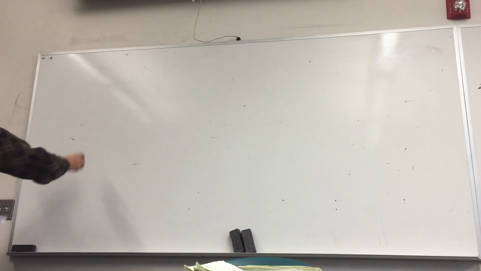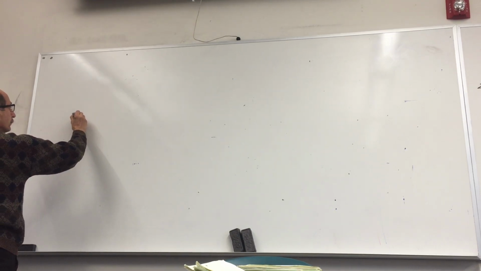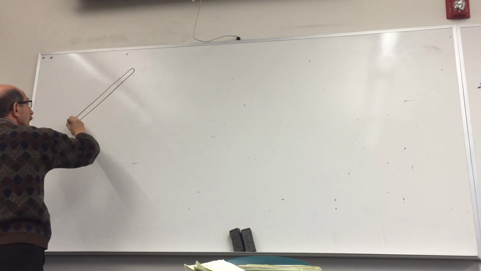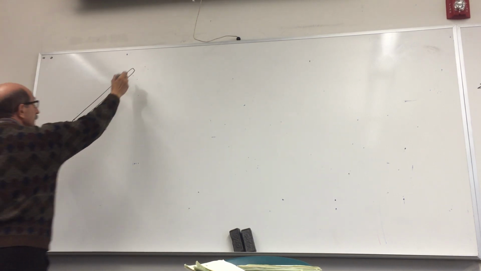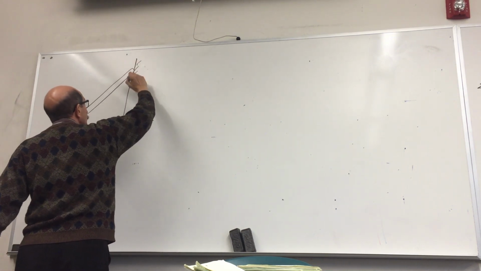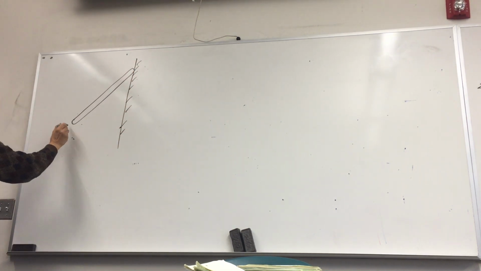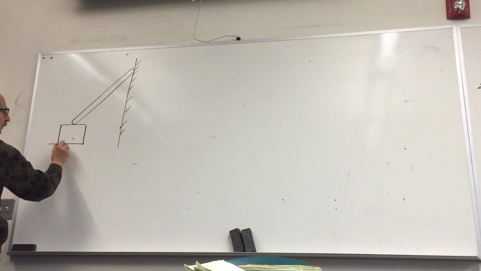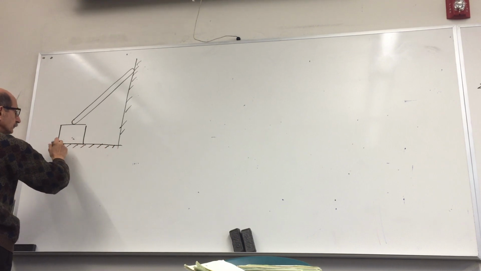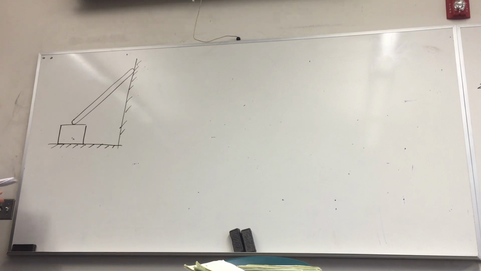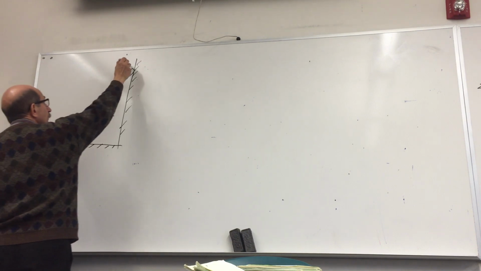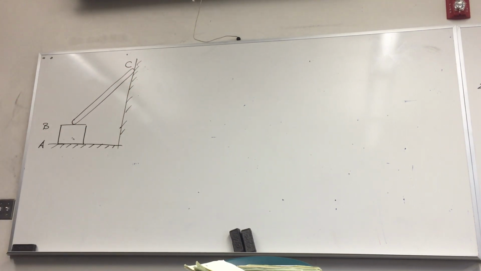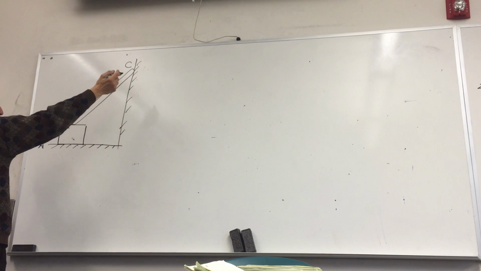So this is the problem. You have a rod laying against this wall, and on this end it is resting on a box on this floor. Let me call this surface A, this top part B, and this point of connection C. Of course, this rod has a weight.